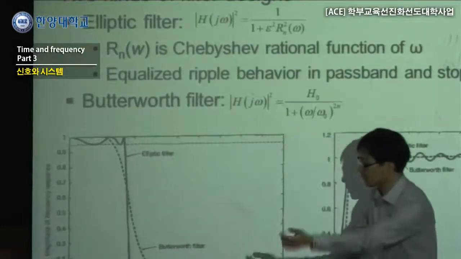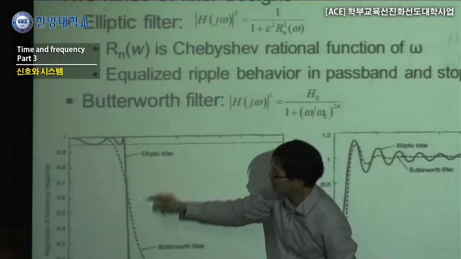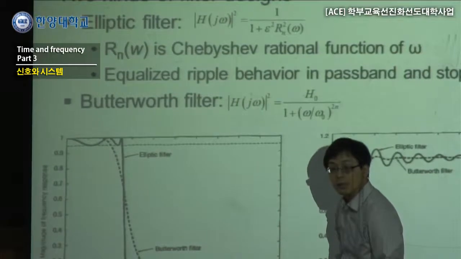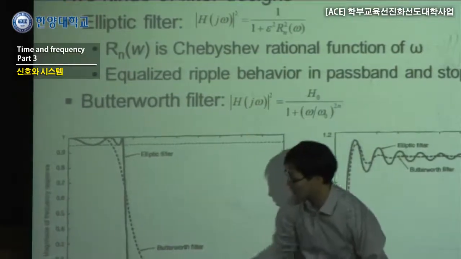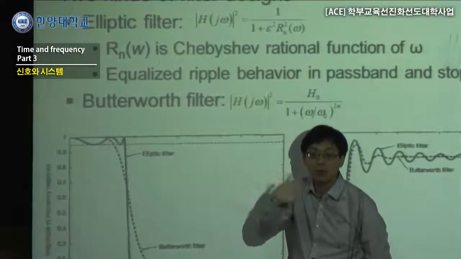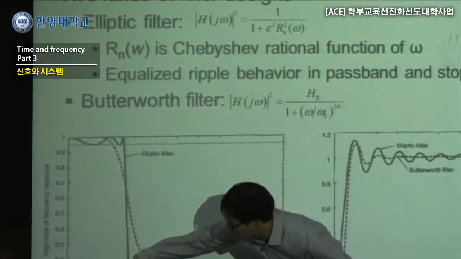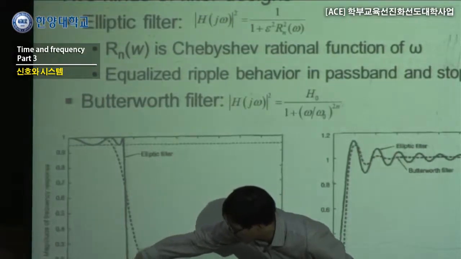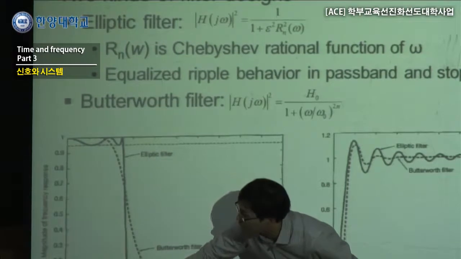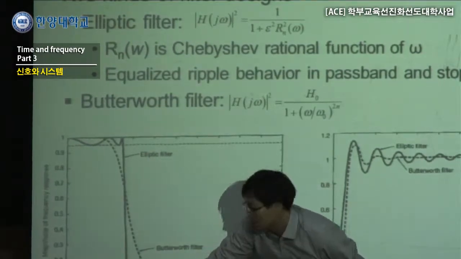How about here? Stopband. Stopband wise, likewise, the elliptic filter is bouncing inside, so they are bouncing over here. So this is the band we do not want to pass. Even though we do not want to pass, if the signal happens to be this frequency, about 0.03, 3% of it passes.